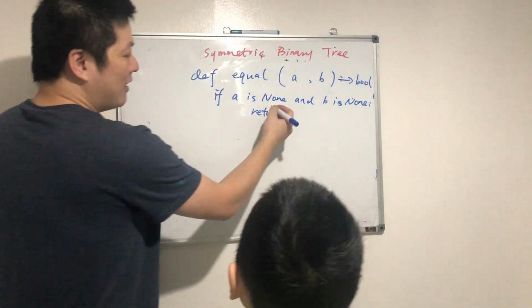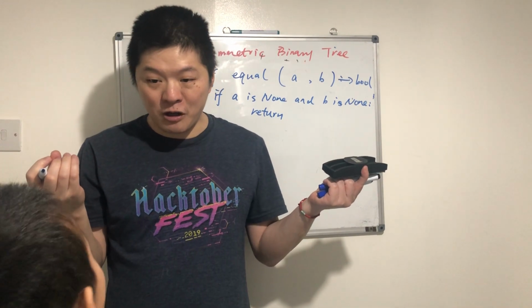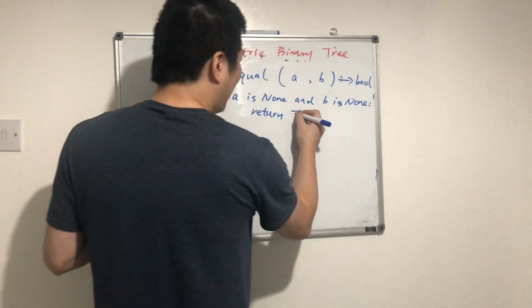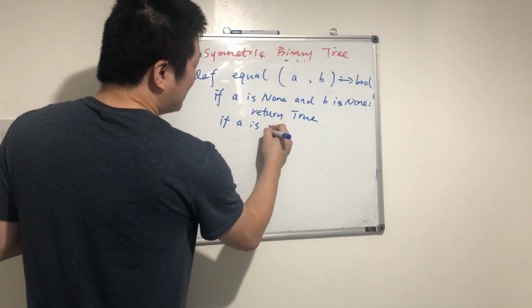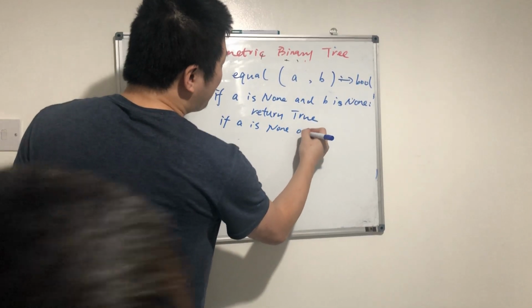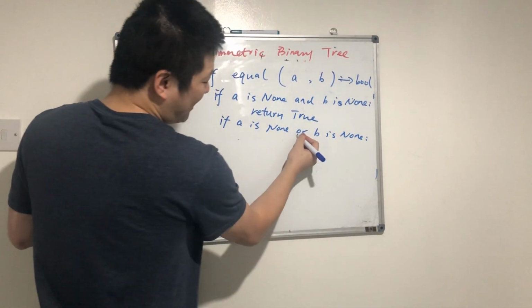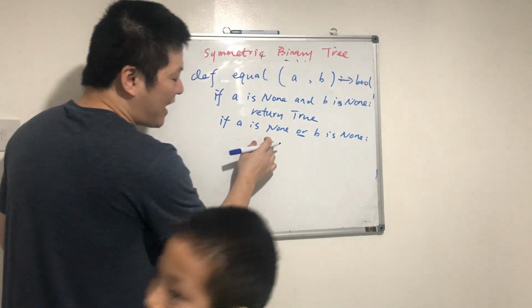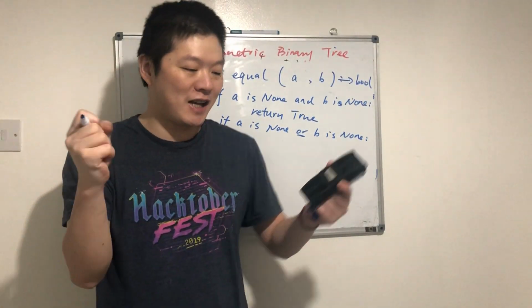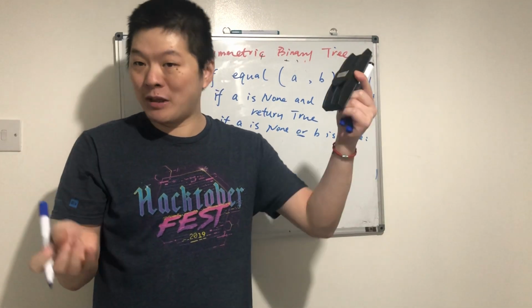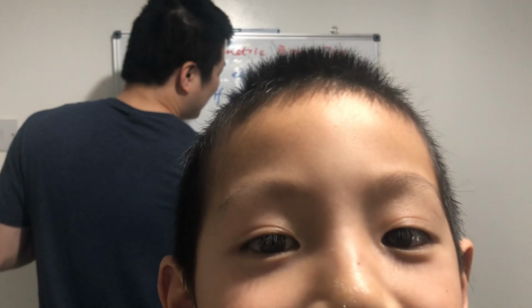If both trees are empty, we should call it equal: True. Then if A is none or B is none, what should we return? False, because at this stage one of them is none, the other is not. Then one is something, the other is nothing, so they must not be equal.